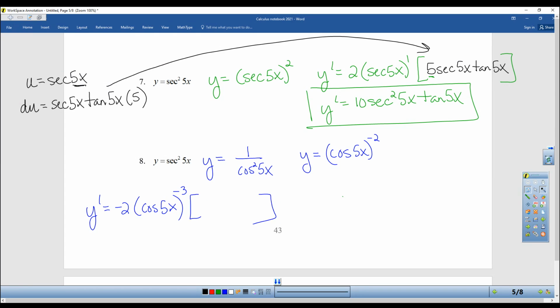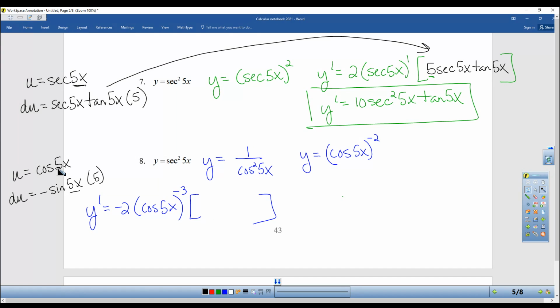If you think you're going to do it wrong, do it off to the side. U is cosine of 5x. The derivative of that is negative sine of 5x times 5. I keep doing it off to the side because this has its own inside. So when people take the derivative of the inside, they do it too quickly.